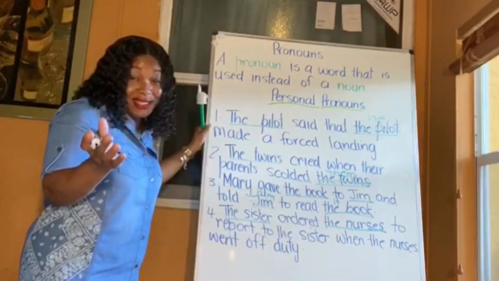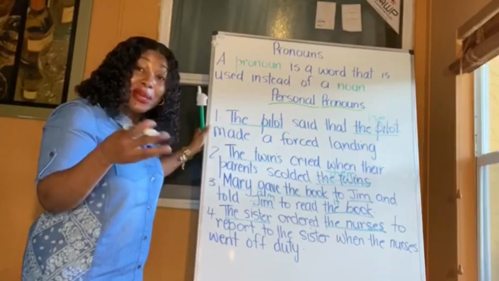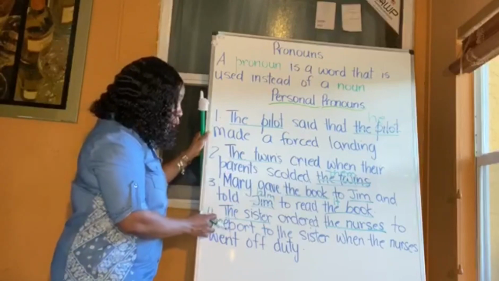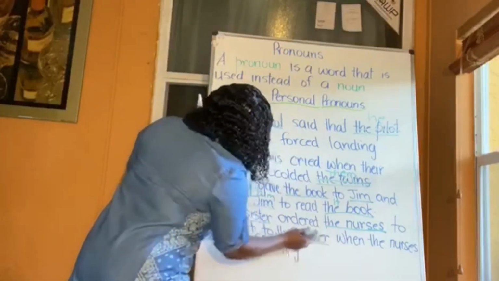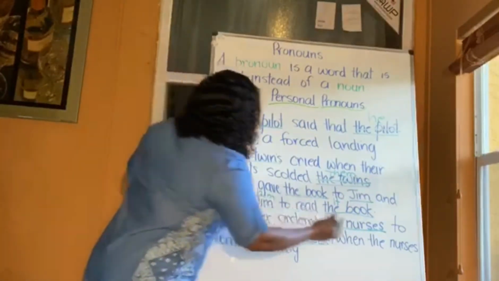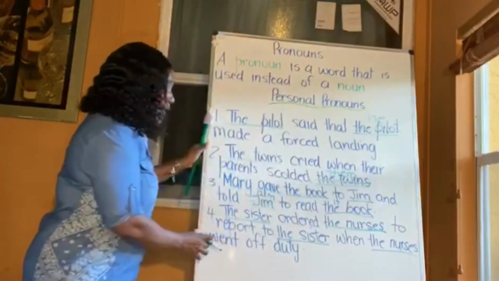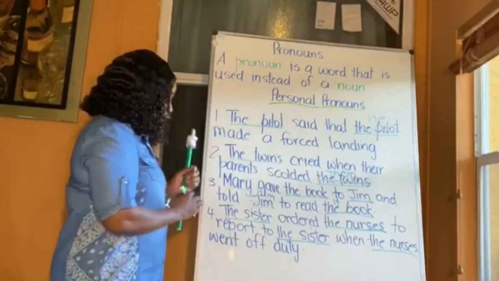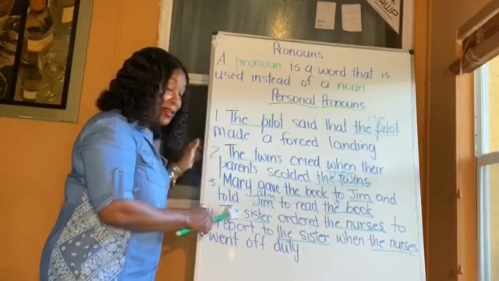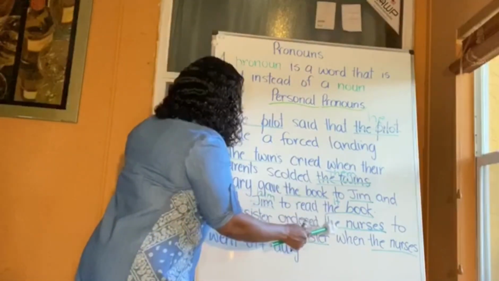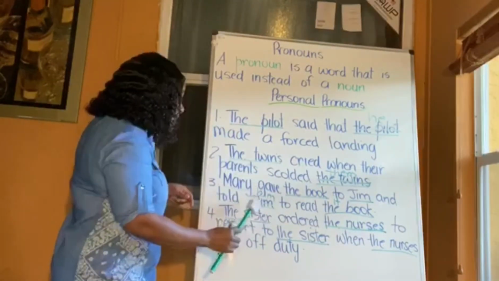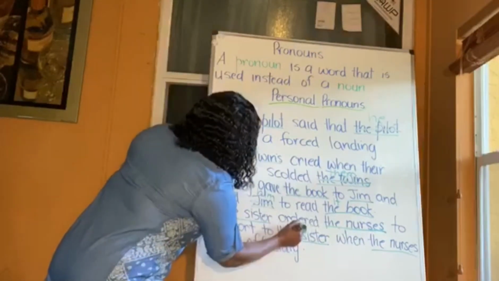They can be males, they can be females, it can be a mixture of males and females, who knows, to report to the same sister when the same nurses went off duty. Let's fix that. So we need to keep the sister ordered who? The nurses. To do what? To report to the same sister. So it would be her.